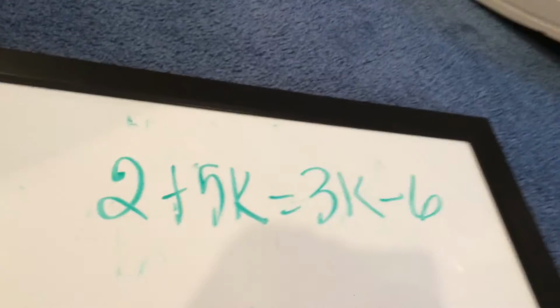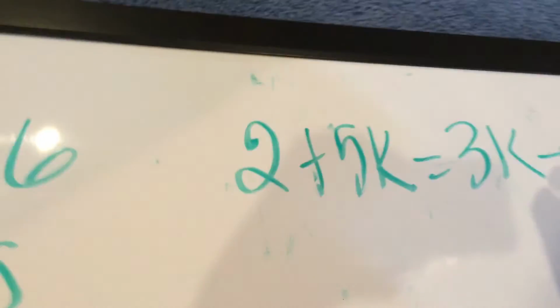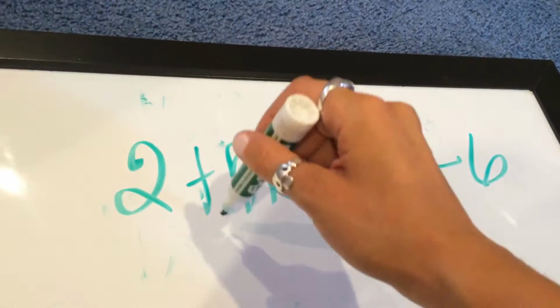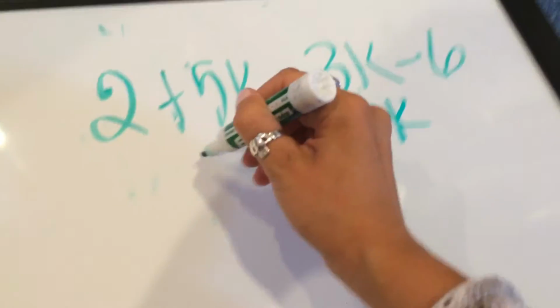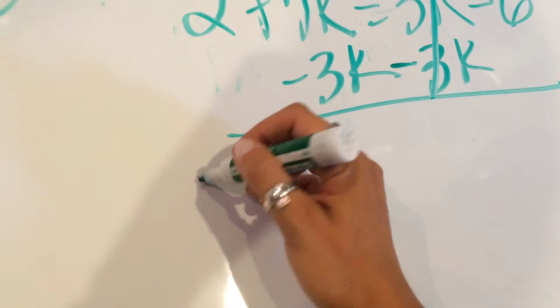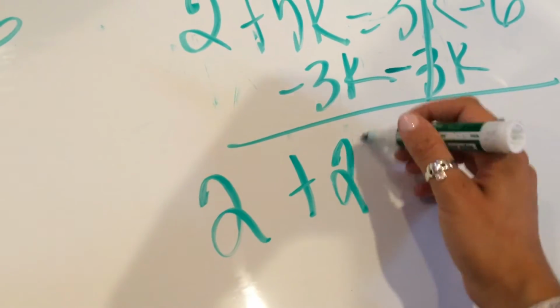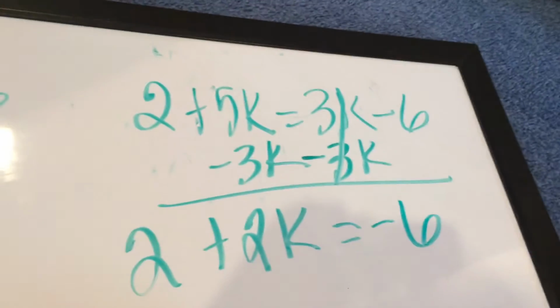Now, I like to start off with my variables. So since we never want our variables to be negative, bring the smaller variable to the larger variable. So for this, we're bringing the 3 over to the 5. So minus 3k on both sides. So we're going to have 2 plus 2k is equal to negative 6.